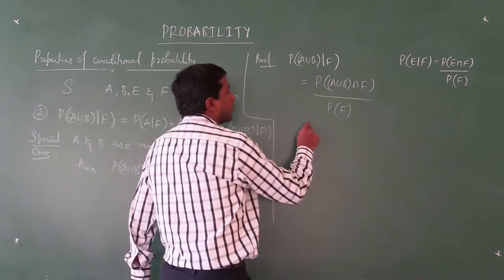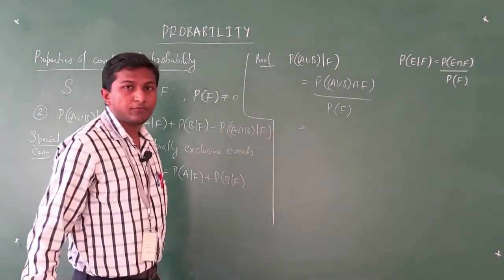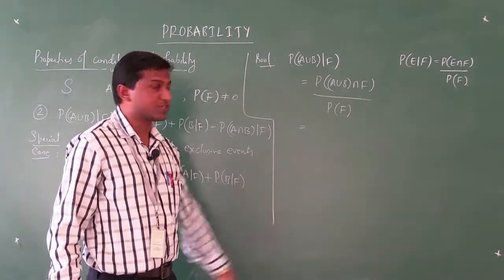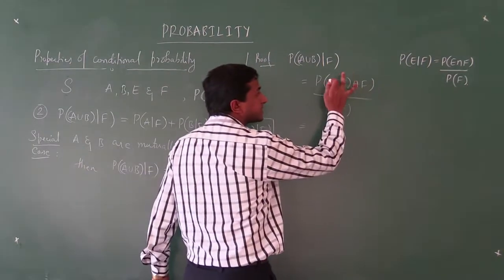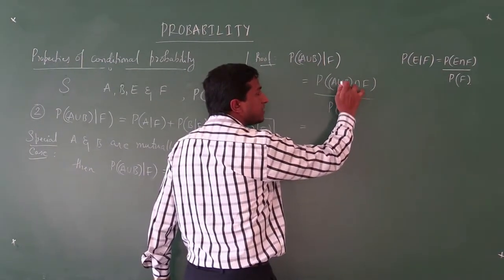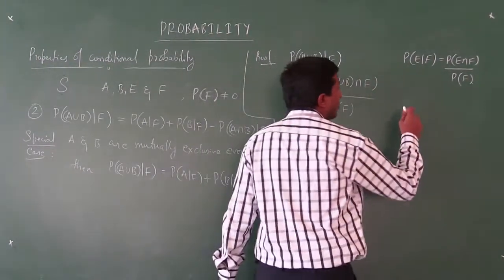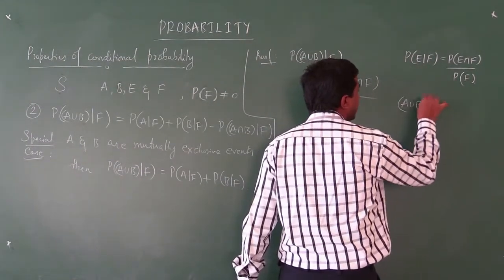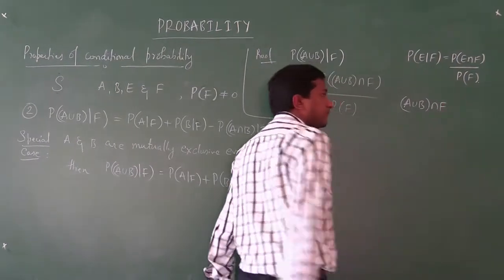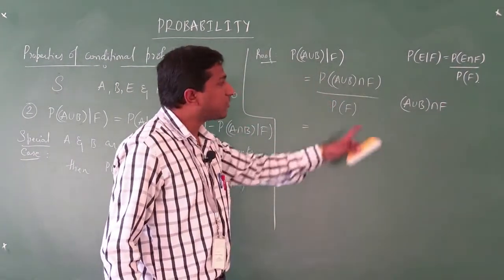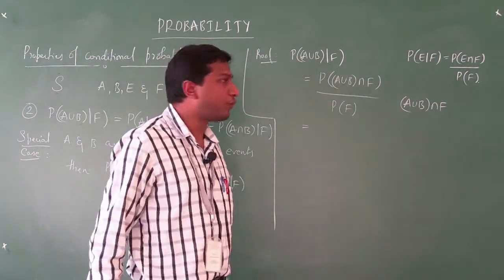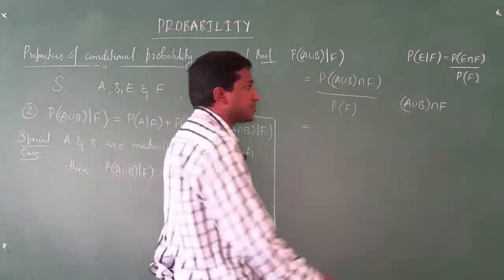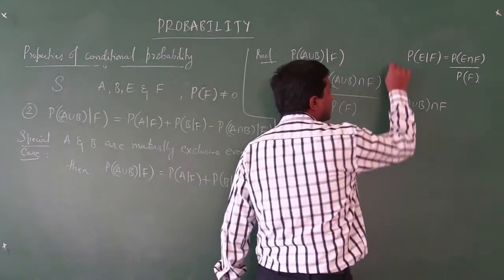Then, using the distributive property of union and intersection of sets, what happens to (A union B) intersection F? We know that the distributive law holds for sets under union and intersection. So what happens to this?